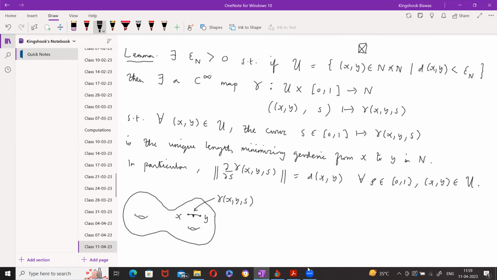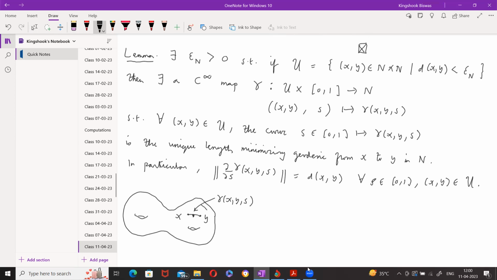It's the largest epsilon, pointwise, and smallest over the manifold, such that for each point the exponential map is a diffeomorphism from the ball of radius epsilon onto the geodesic ball of radius epsilon.